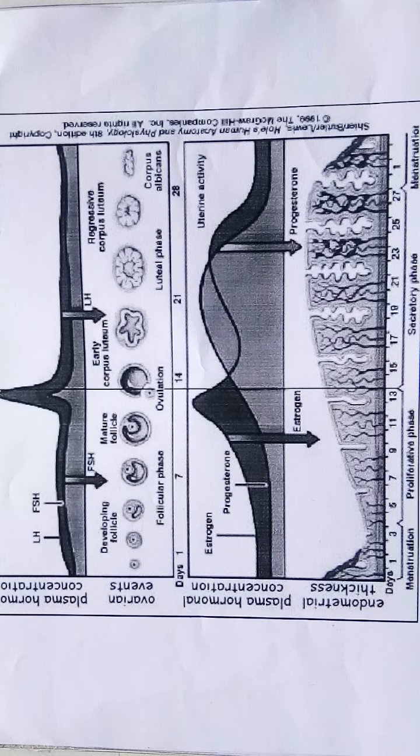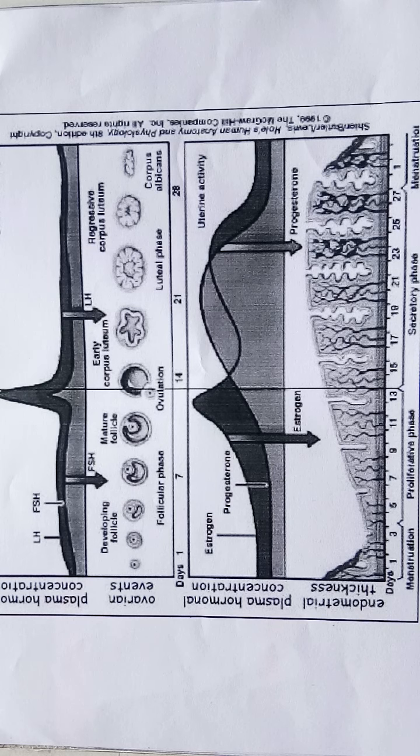It involves a series of cyclic changes in the ovary and uterus. The changes take place under the influence of gonadotropins LH and FSH and the ovarian hormones estrogen and progesterone.